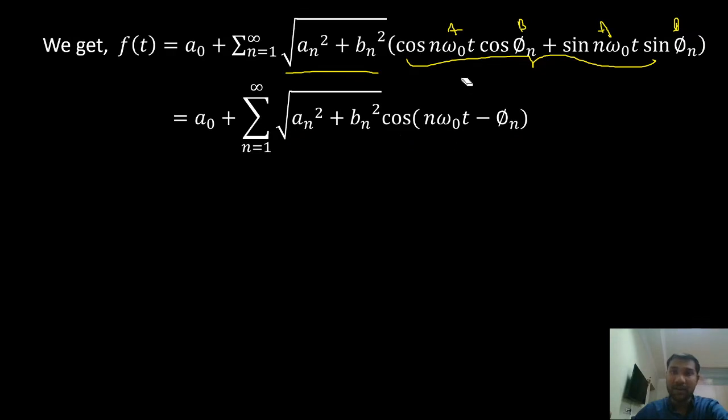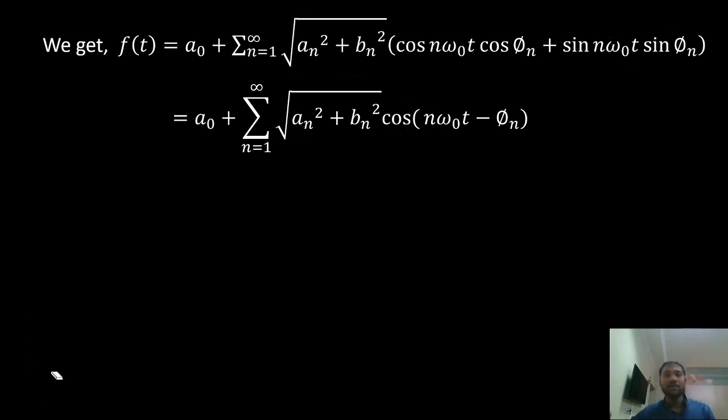We will find a naught, an, and bn. So let us say I have found out a naught, an, and bn.